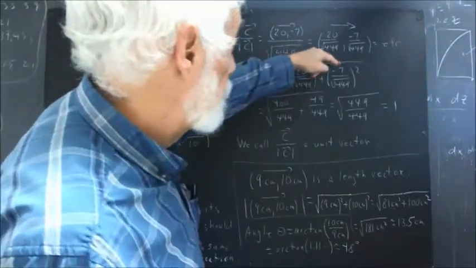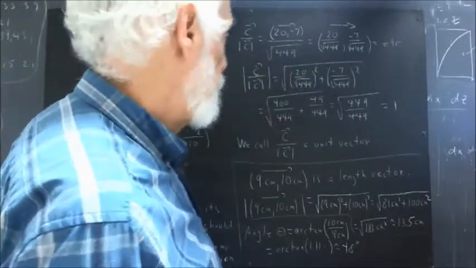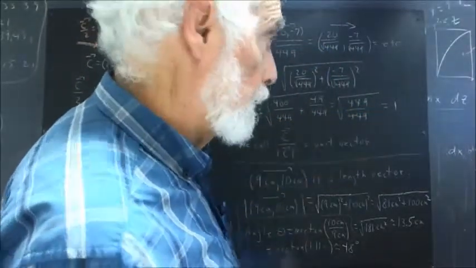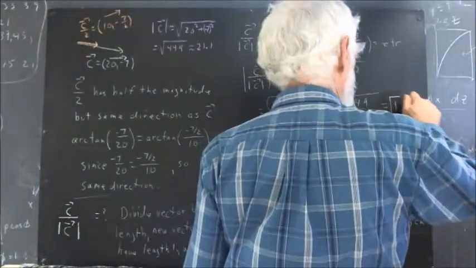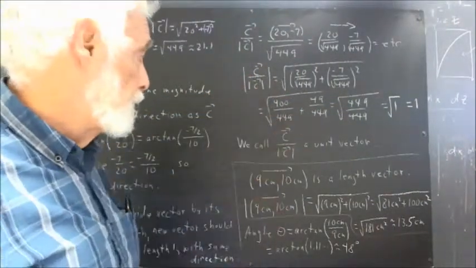And here we get 49 over 449. When we add them up, we get 449 over 449, and under a square root, that's the square root of 1, which is just equal to 1, so we can verify that this is a unit vector.